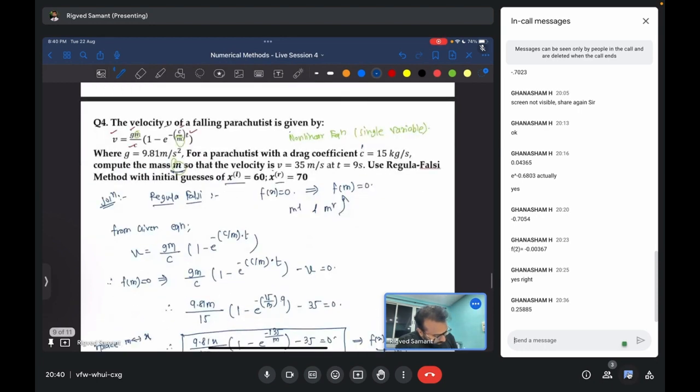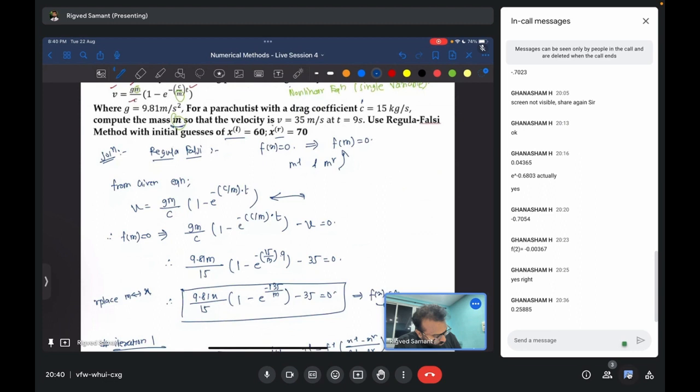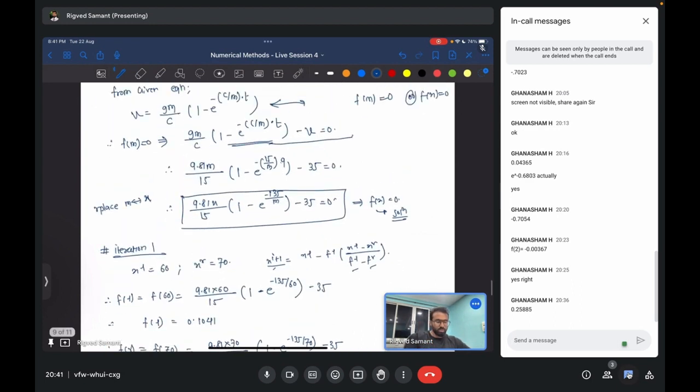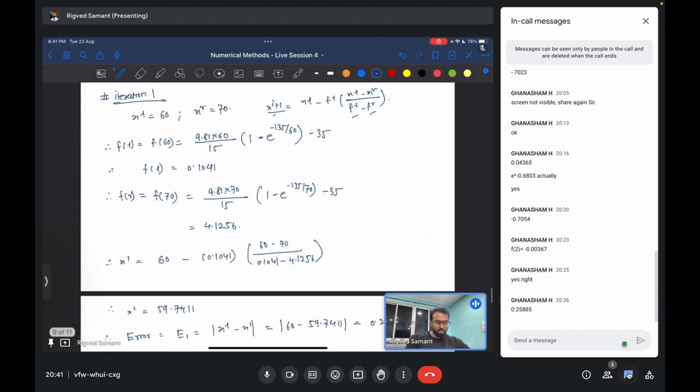After getting this equation, we have to take it into f of m is equal to 0 or f of x is equal to 0. So how we did that? We subtracted v from both sides and we got this closed form solution equation. Then we substituted the given values and got the final function in terms of m, and we solved it.